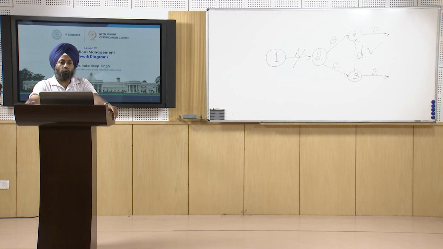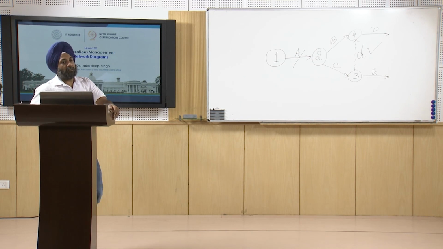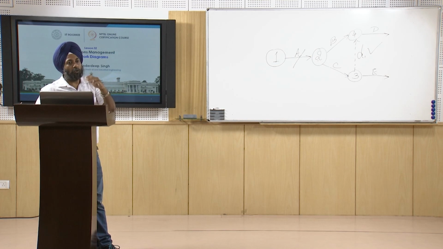Repeat step 2 for event 2, event 3, until the end event. The end event must have the highest number. So serially we have to number the events which are representing the network.